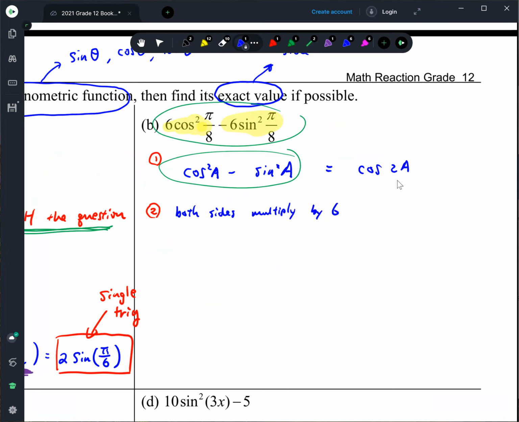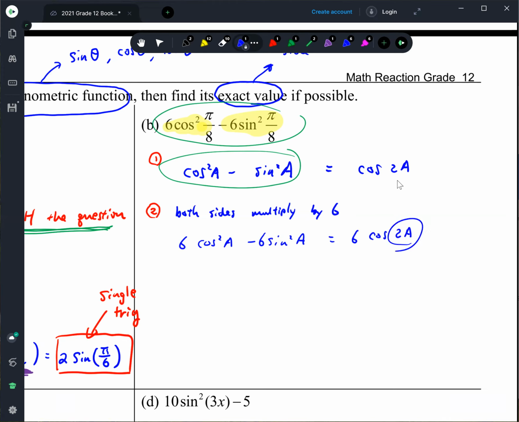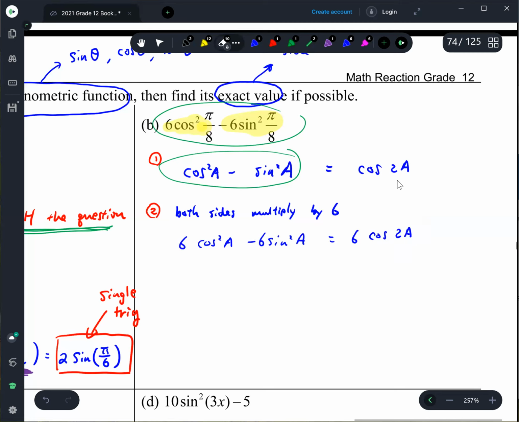Then the left side will look like 6 cosine square A minus 6 sine square A. Don't forget the 6. Same thing, we have to multiply the right side: 6 cosine 2A. Remember the 2A, you cannot multiply that by 6. Whatever is the angle, you can never touch it. Angle never changes, whatever you multiply.